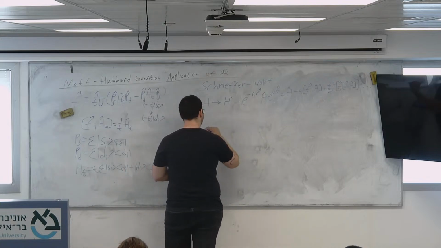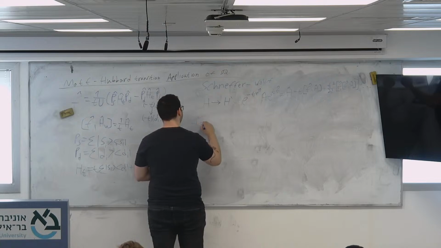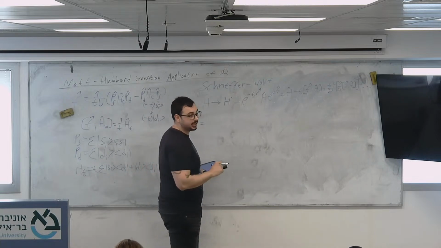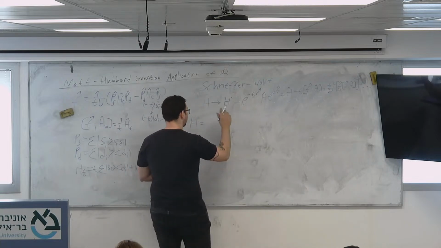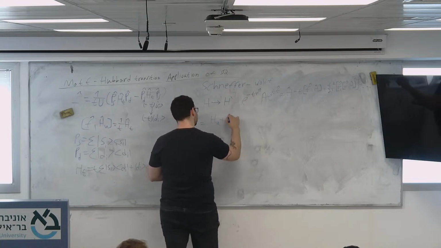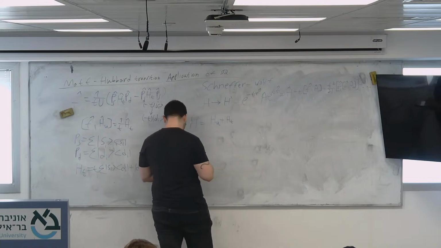So, let's open it up. I would like to separate our H into HT and HU. So, H turns to HU plus HT.